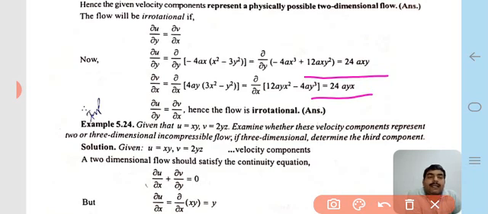Del u upon del y and del v upon del x are equal. Therefore, the flow is called irrotational flow.